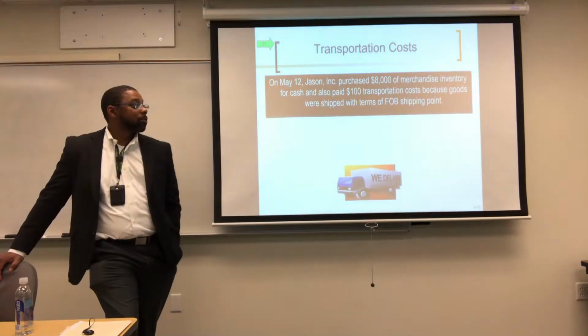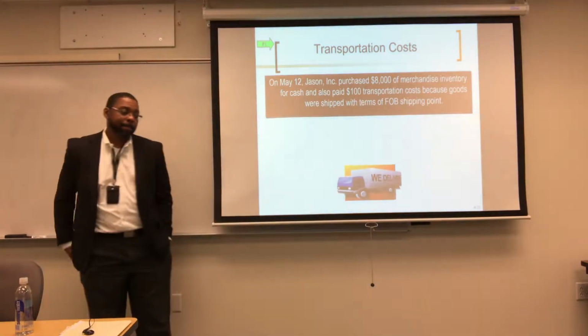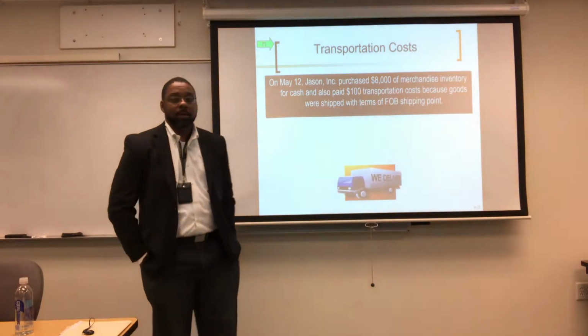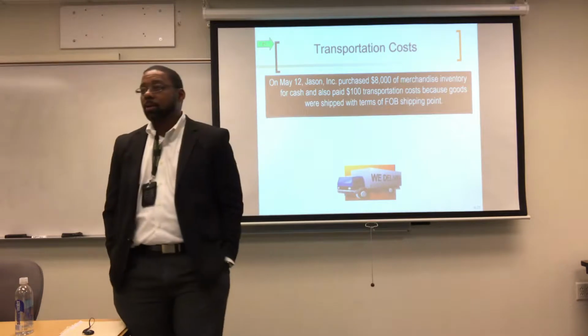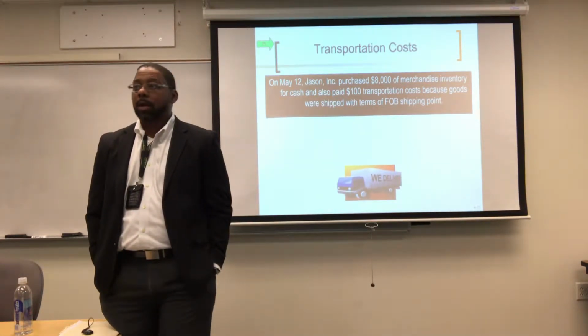So what's going to be our transaction? Let's start here. Is it cash or credit? Cash. It's a cash transaction. Cash is what type of account? It's an asset. Did cash increase or decrease in the company? Decrease. They paid out cash. So how do we reflect a decrease in an asset?